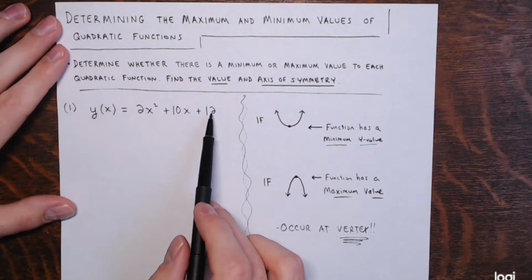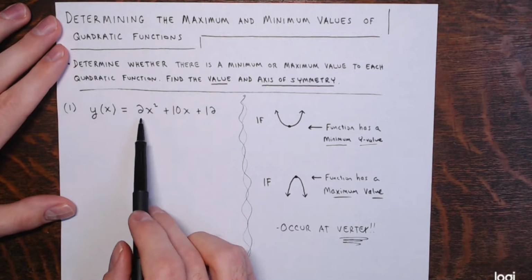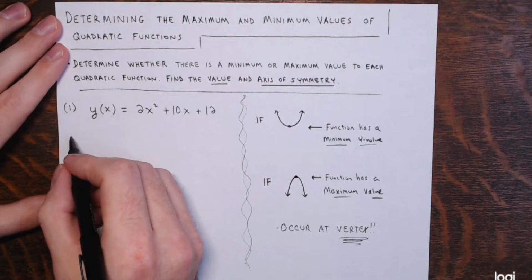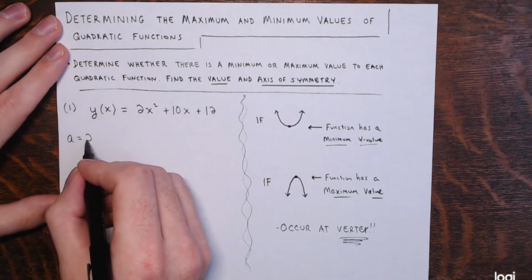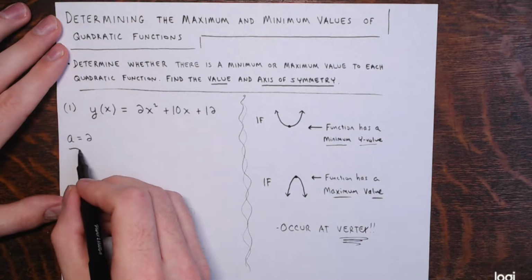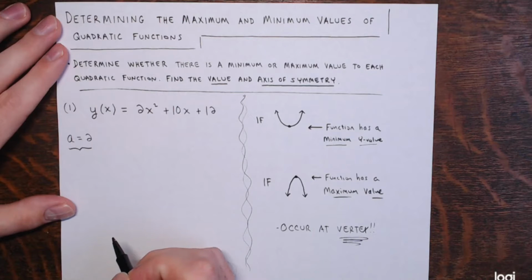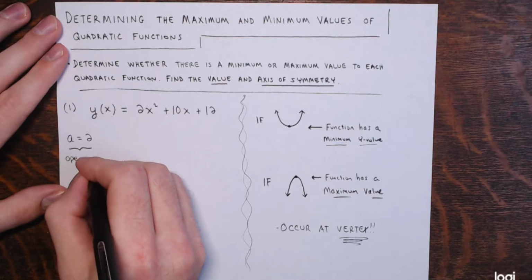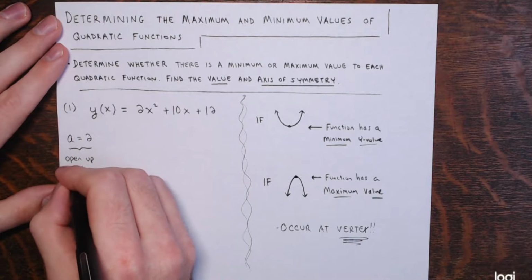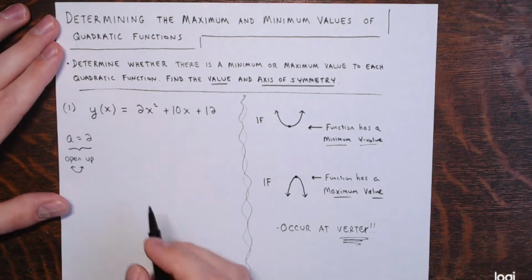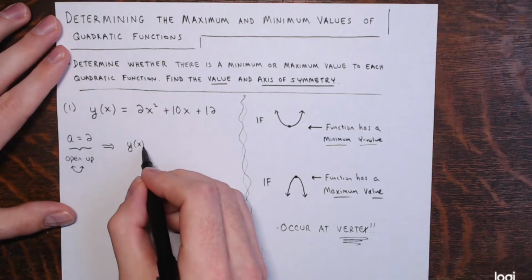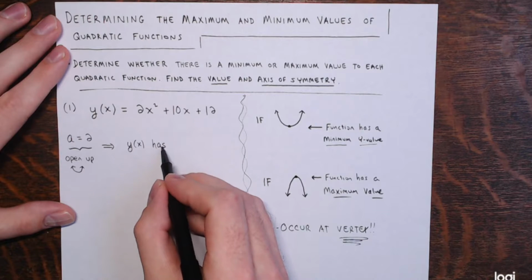This is in the general form, ax squared plus bx plus c. The lead coefficient a is 2, that's positive, and if that's positive the parabola is going to open up, like this. That means this function has a minimum value.